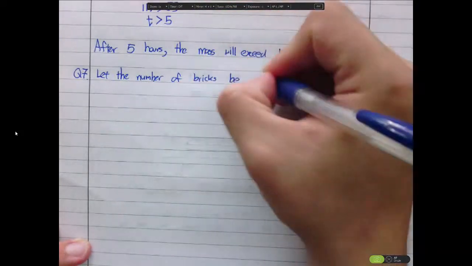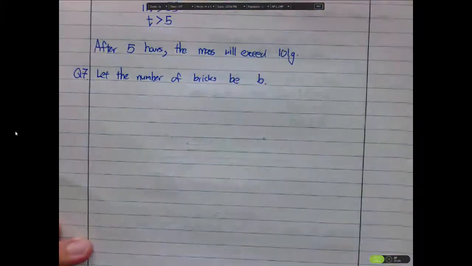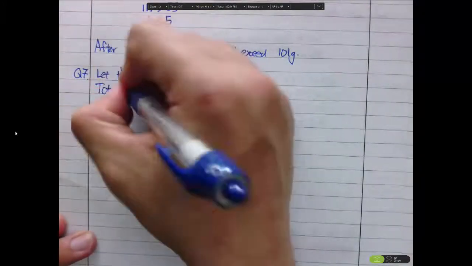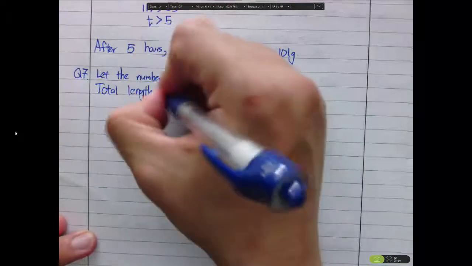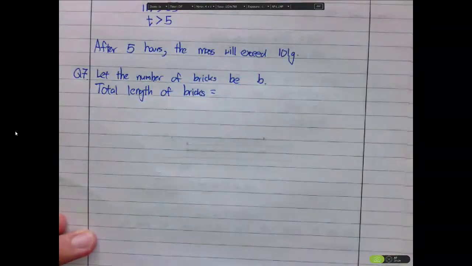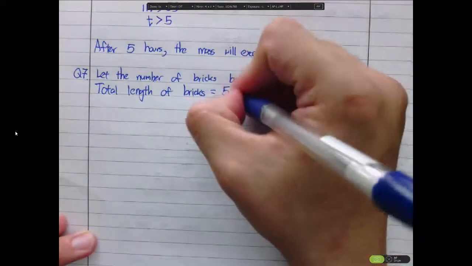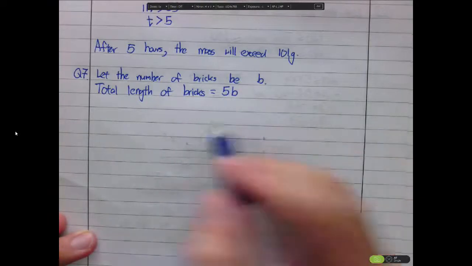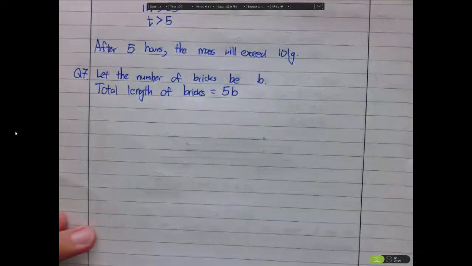Now I say number of bricks, length of bricks. Each brick is 5 cm, so the total length of bricks is simply equal to 5 cm times B. So 1 brick is 5 cm, 2 bricks is 5 times 2 is 10, 3 bricks is 5 times 3 is 15.